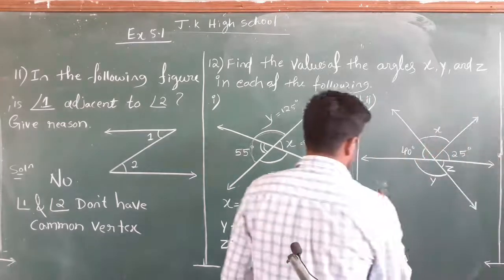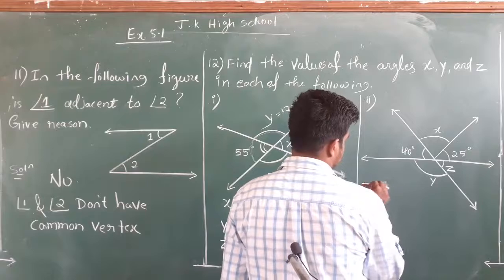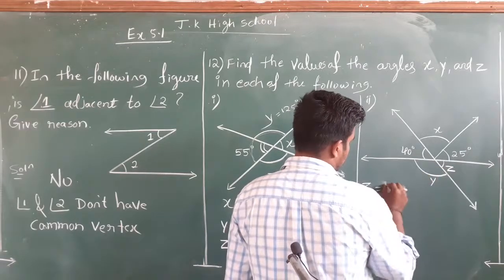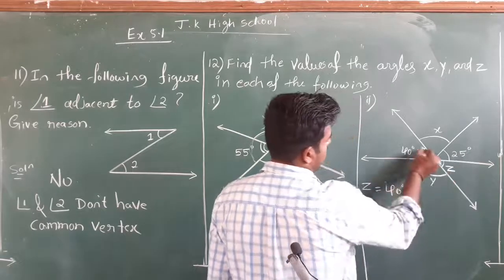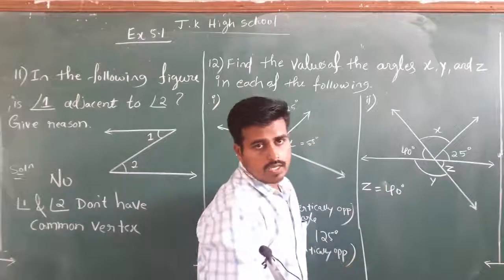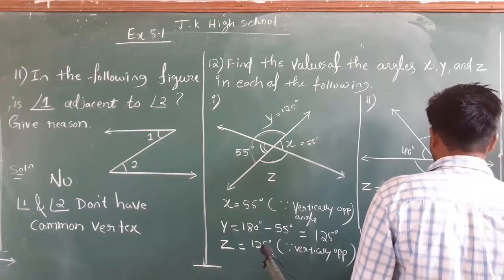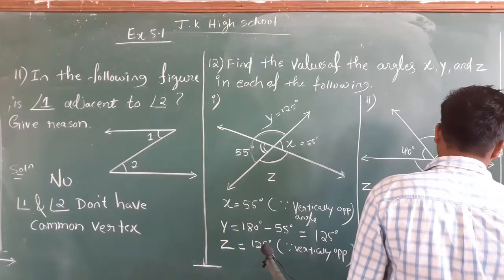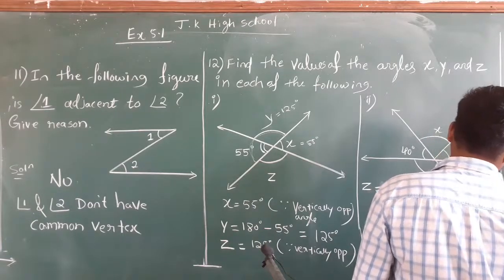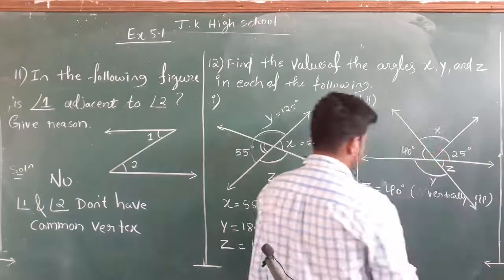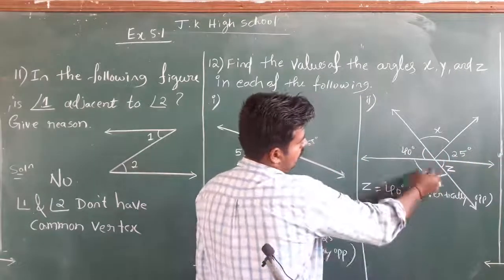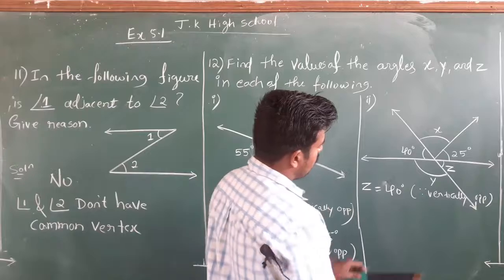Directly you can write z equal to 40 degree because vertically opposite. Once you get z, you can observe here.